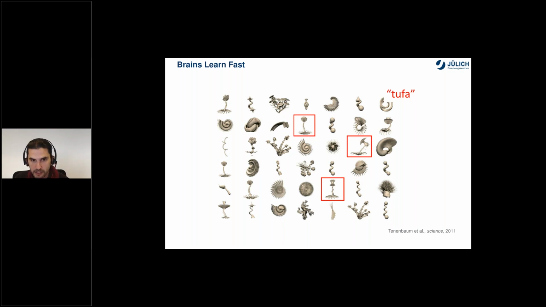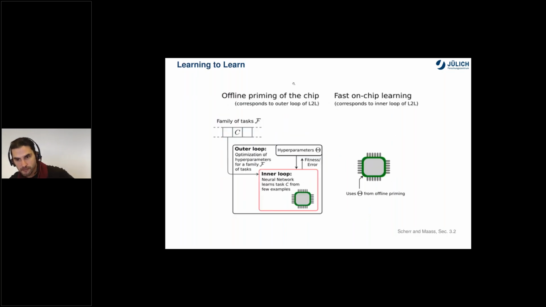And this is exactly the kind of thing that can be achieved using these different types of learning that I've discussed earlier. So Franz Scherr and Wolfgang Maass describe, for example, this approach of learning to learn, where you have both an inner loop and an outer loop of learning, where the inner loop would be, for instance, what would happen in your neuromorphic device as it's in this environment. And you can optimize how well this learns in an outer loop.